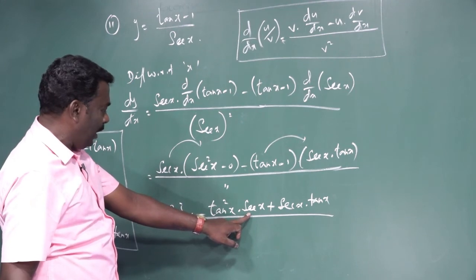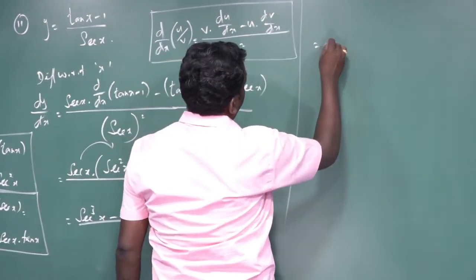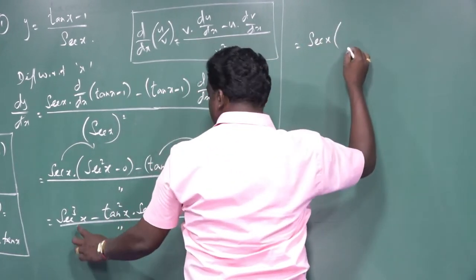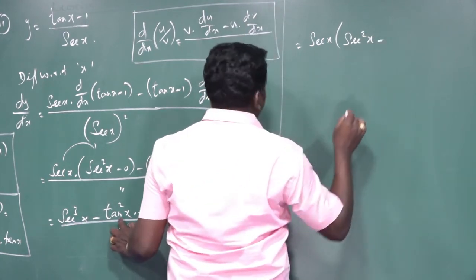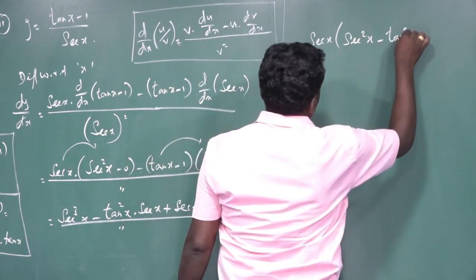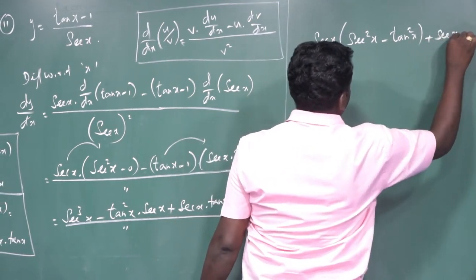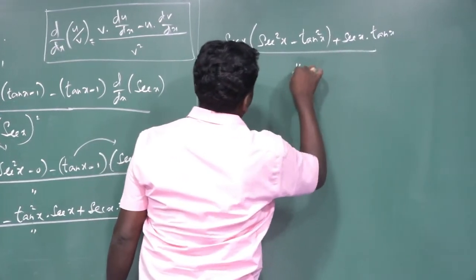Now we can take secant x common. The first term leaves secant squared x, the second term leaves minus tan squared x, and the last term leaves plus tan x in the numerator, over the same denominator.